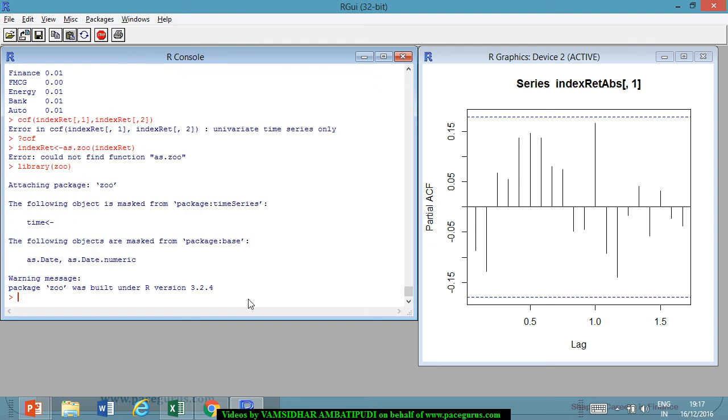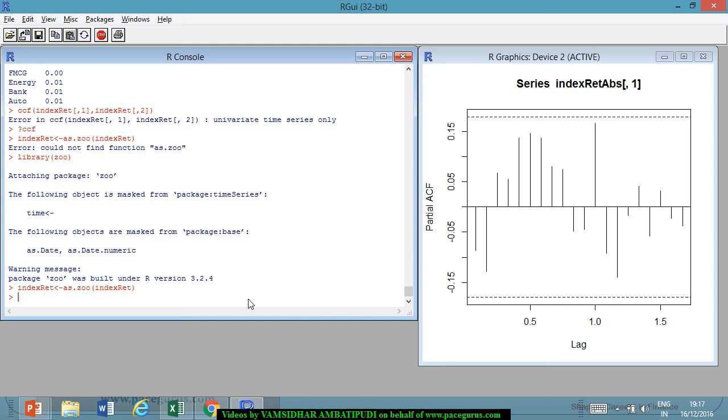Once I have loaded it, I want to convert the index ret from the time series to a zoo object. But in this zoo, let me see if I can use the CCF.